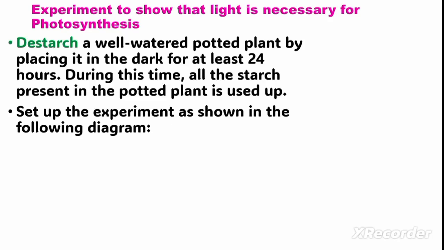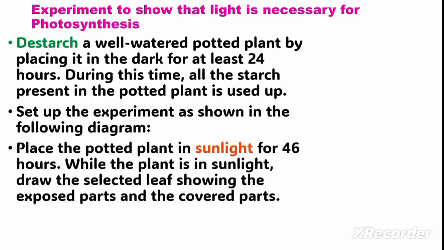Then number 2, set up the experiment as shown in the diagram. Step number 3, place the potted plant in sunlight for 4 to 6 hours. While the plant is in sunlight, draw the selected leaf showing the exposed parts and the covered parts.